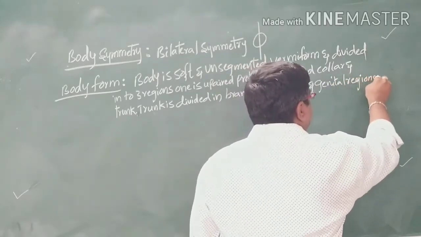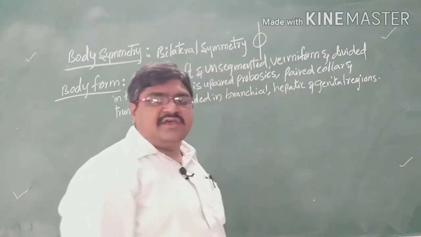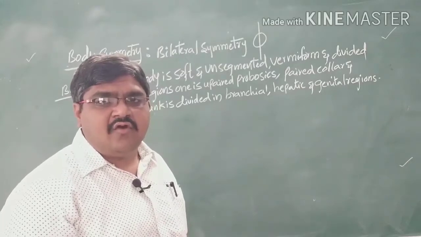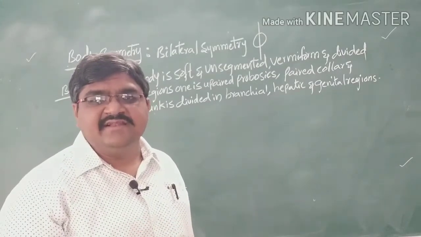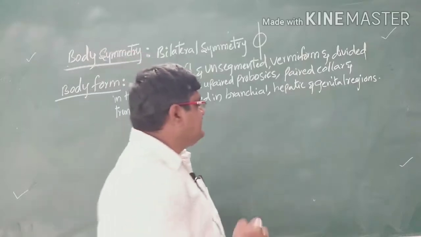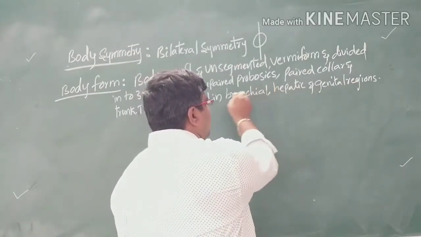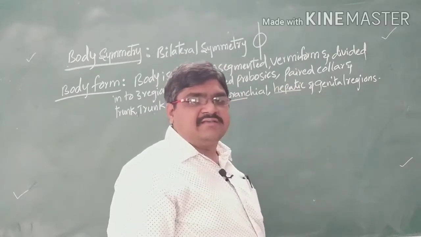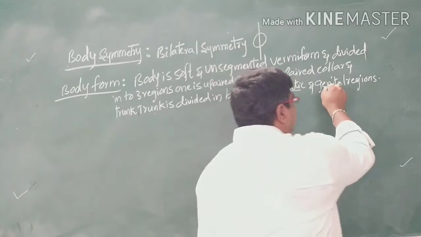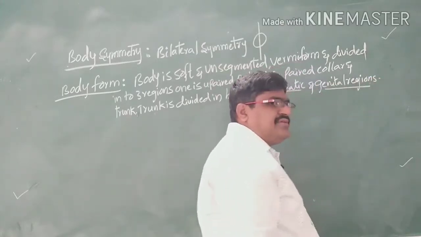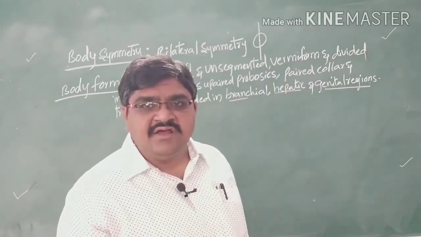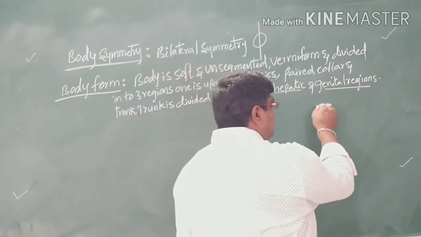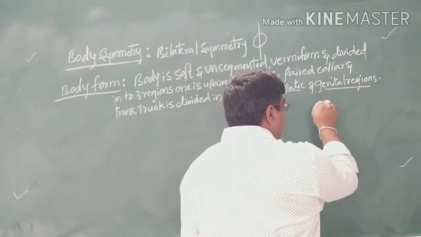That means the trunk is divided into three regions. Branchial means gill slits are present, so where the gill slits are present, we call it the branchial region. Hepatic means the liver region. And the genital region is where the reproductive organs are present. So here the trunk is divided into three regions.